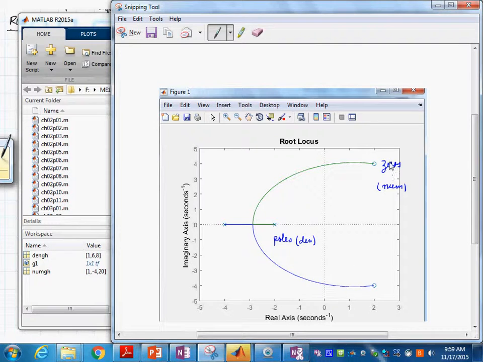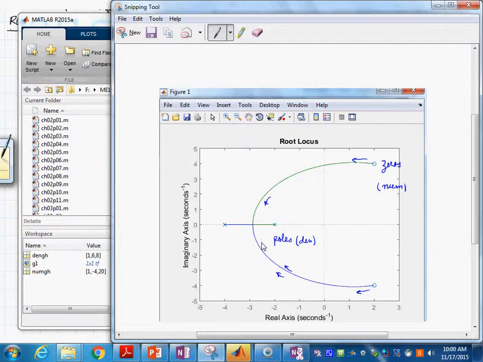What I was trying to tell you is this, the value of k equals 1, the zeros start over here, and as k increases, they're going to go this way, like that, see? So this will go like this.